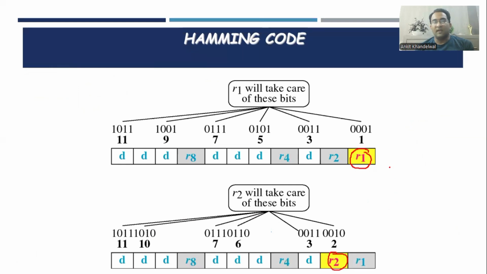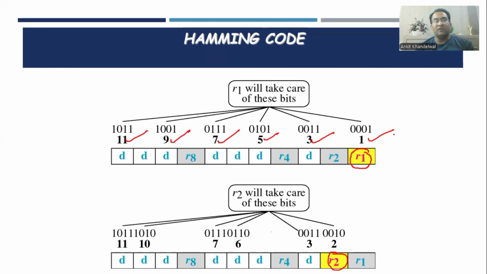So the value of R1, we are going to find out with the help of bits 1, 3, 5, 7, 9, and 11. By these bits, we are going to find out the value of R1.